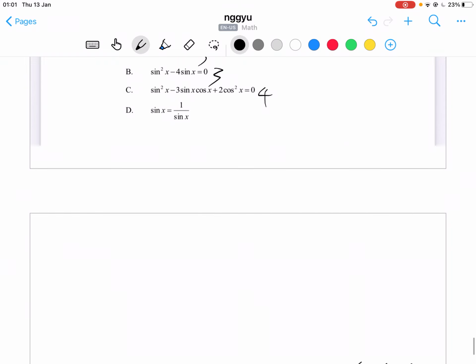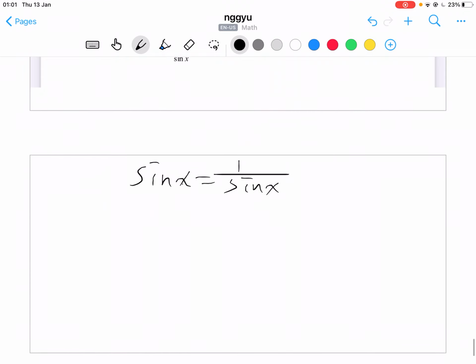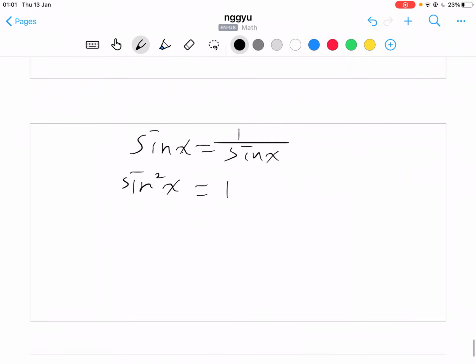Part D, sine x equals 1 over sine x. We can multiply by sine x on both sides. So sine squared x is equal to 1. Then sine x equals 1 or -1.